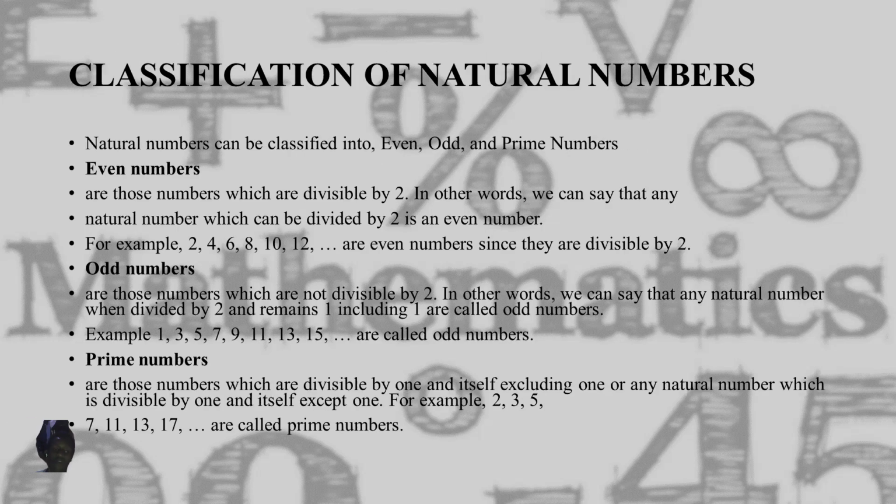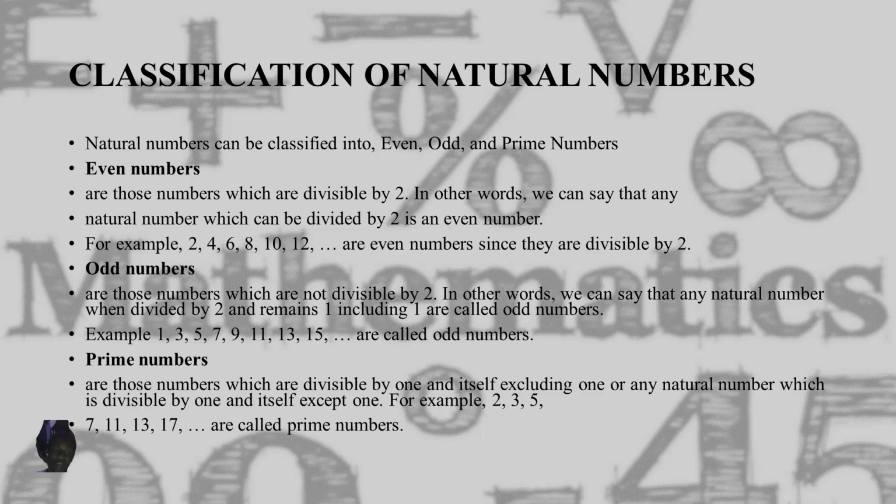Classification of natural numbers. Natural numbers can be classified into even, odd, and prime numbers. Even numbers are those numbers which are divisible by 2. In other words, any natural number that can be divided by 2 is an even number. For example, 2, 4, 6, 8, 10, 12, and so on. These numbers are even because they are divisible by 2.